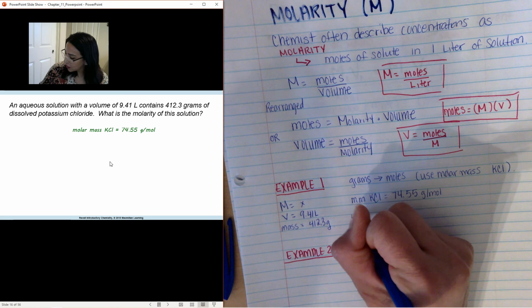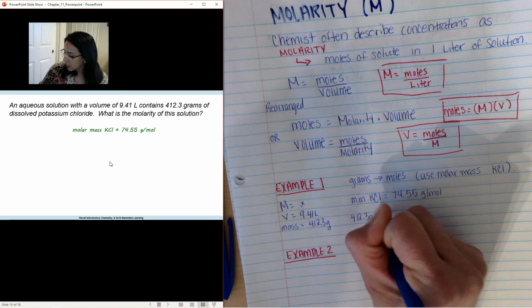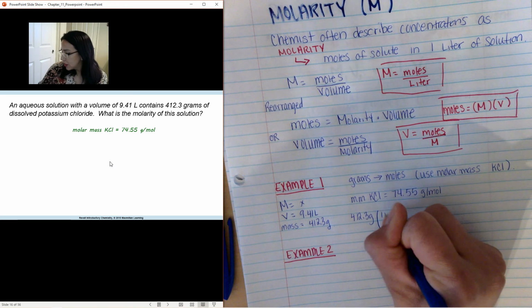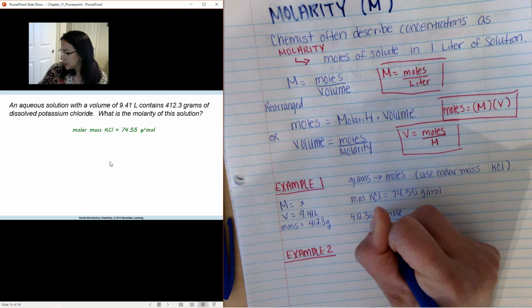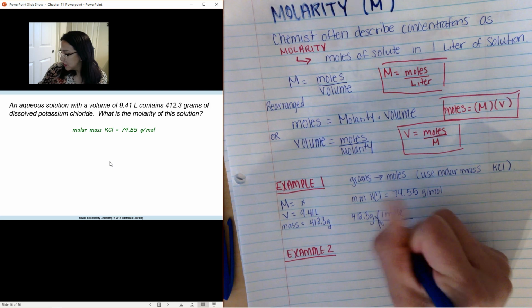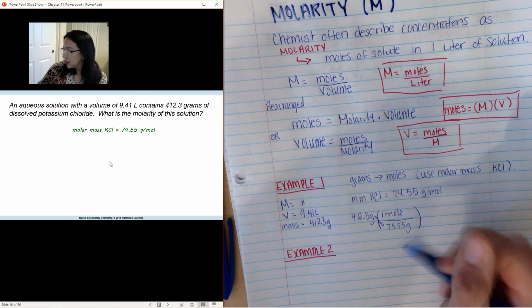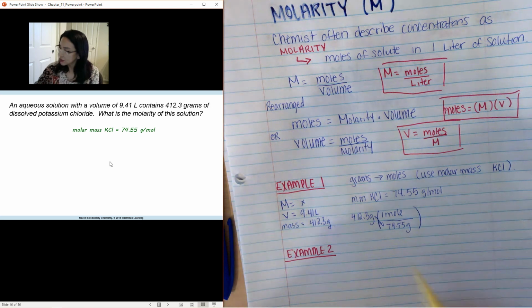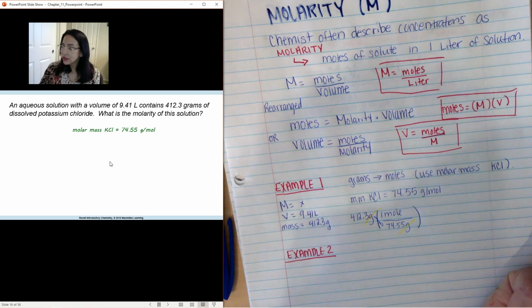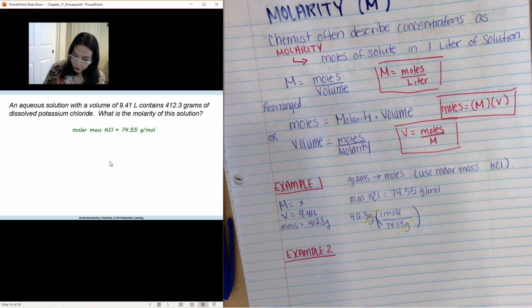So we have 412.3 grams and bring this unit down. So we're left with 74.55 grams of KCl here. This allows grams to cancel out with grams, and we just do a simple division.